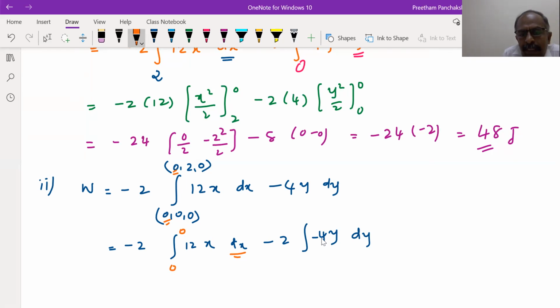So if you go to the second one, it is with respect to y. So the y is changing from 0 to 2. So there is a change in y. So this integration exists.